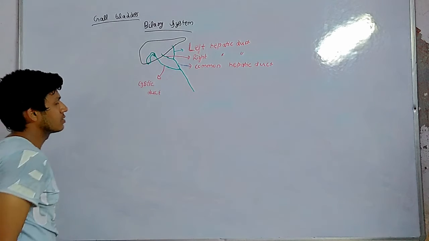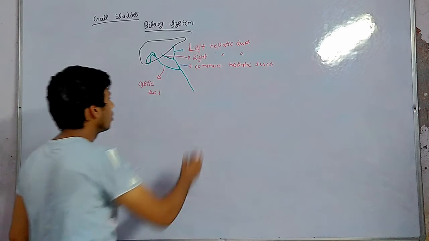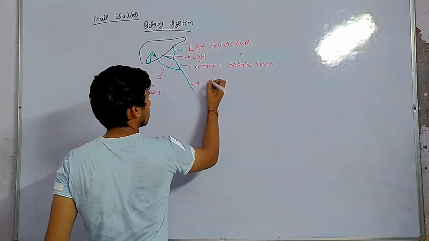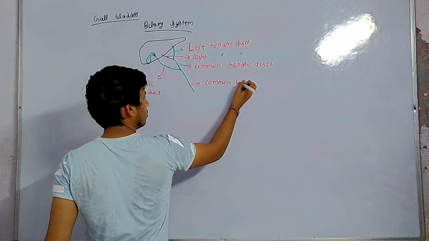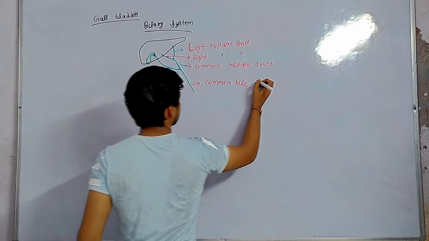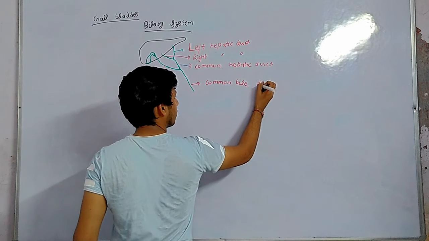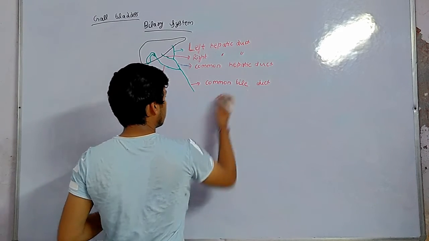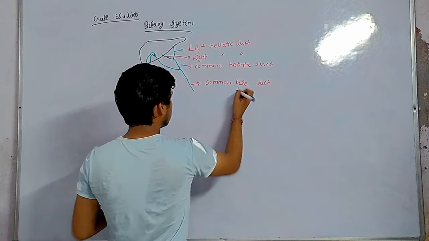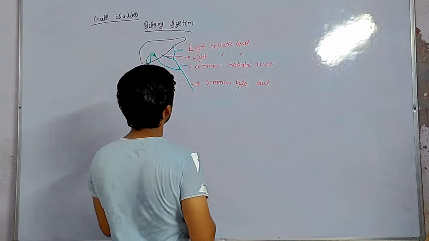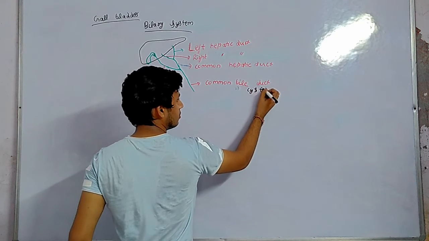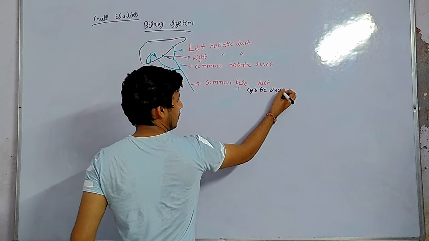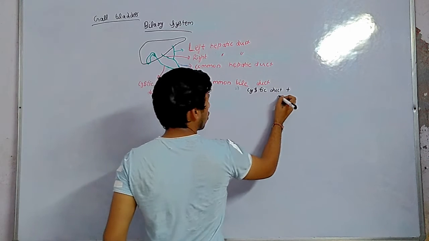After combining with this cystic duct, we form the common bile duct. Common bile duct is equal to cystic duct plus which duct? Common hepatic duct.